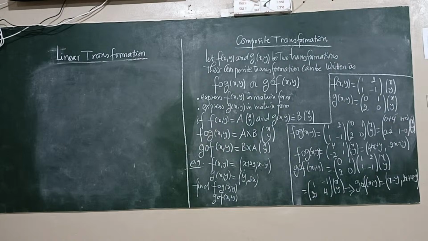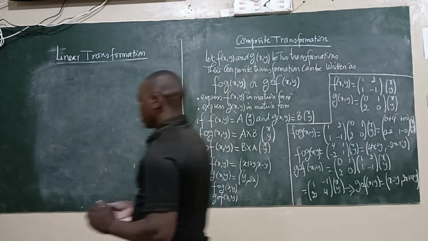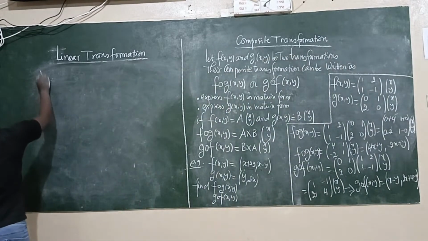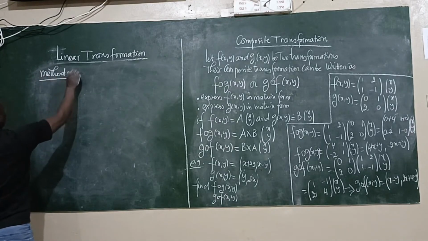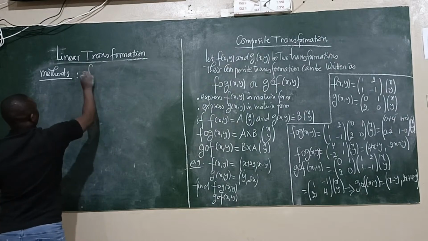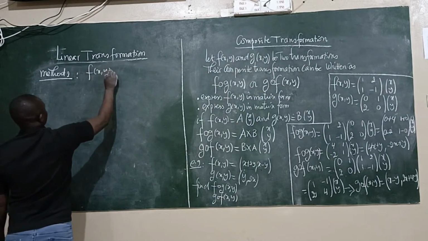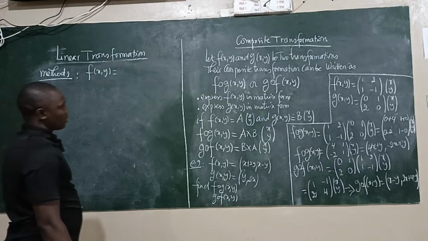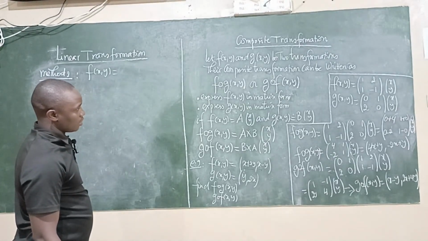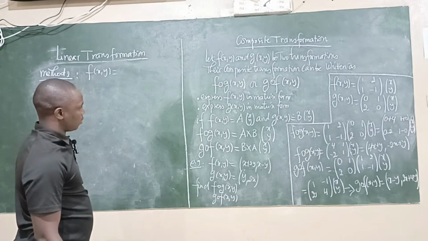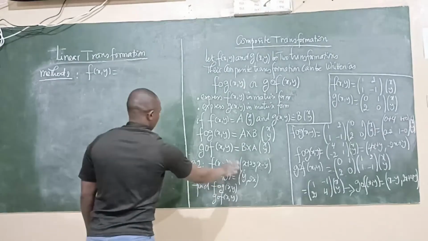Now, let's use the second method, method 2. Recall f of xy was, what was it? It was this.